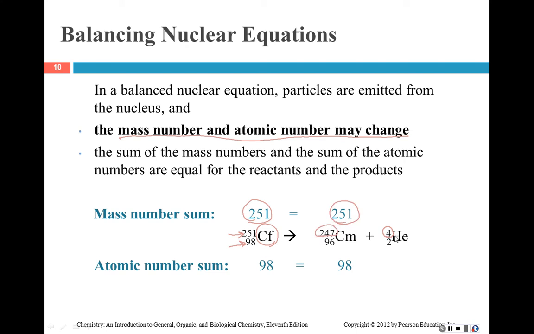So what you do is you can subtract 4 from 251 and know that it was 247. Same thing with the number on the bottom. It's 98 over here, so you've got to equal 98 over here. So 96 plus 2 equals 98. All right, see how that works?